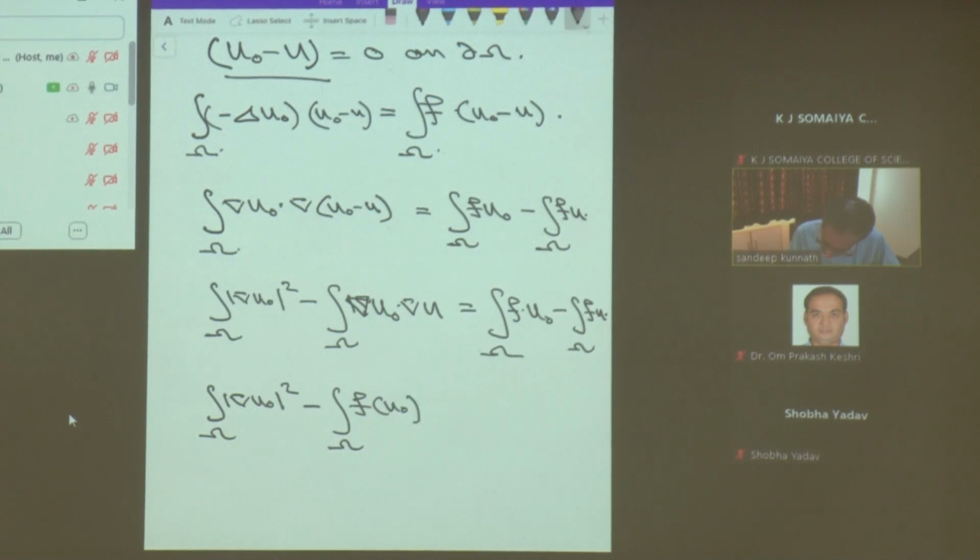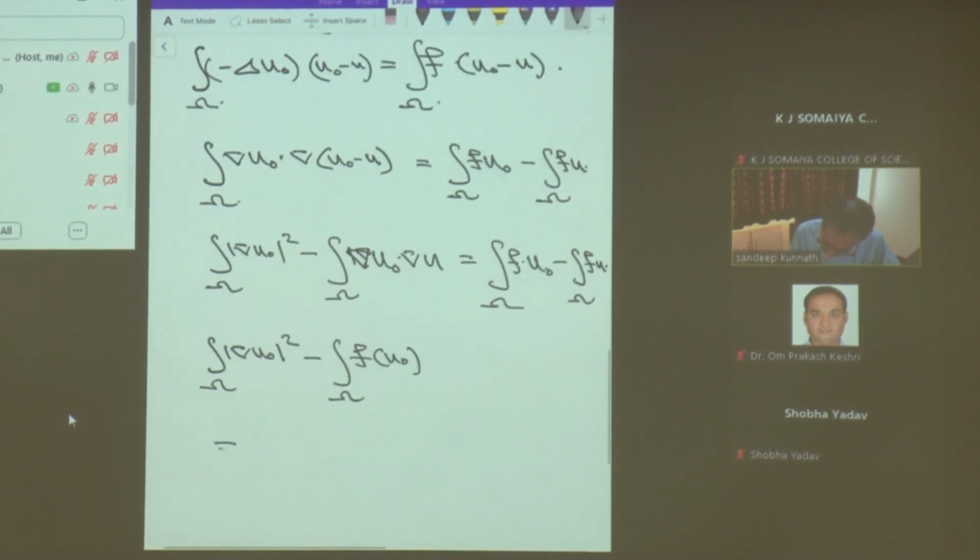Okay. So on the right hand side you will have integral over omega of gradient of u naught dot product with gradient of u minus integral over omega of f into u.